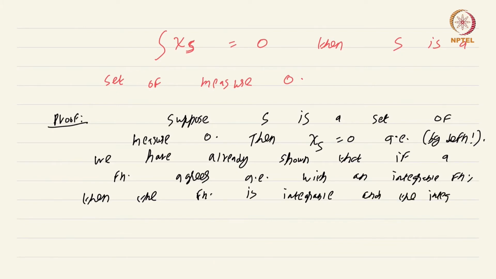We had shown this once, as part of when we developed the theory of the Lebesgue integral and convergence theorems. So therefore we immediately get that the integral of chi S is 0, as claimed. So a set of measure 0 will be measurable, and in fact mu of S would be 0. Thank God. Okay, now for the converse.